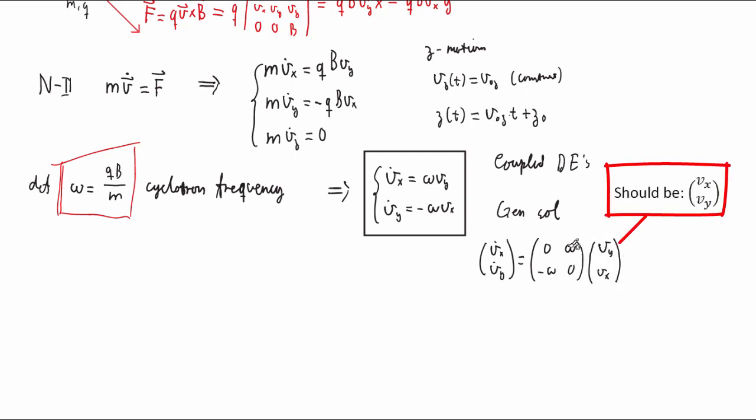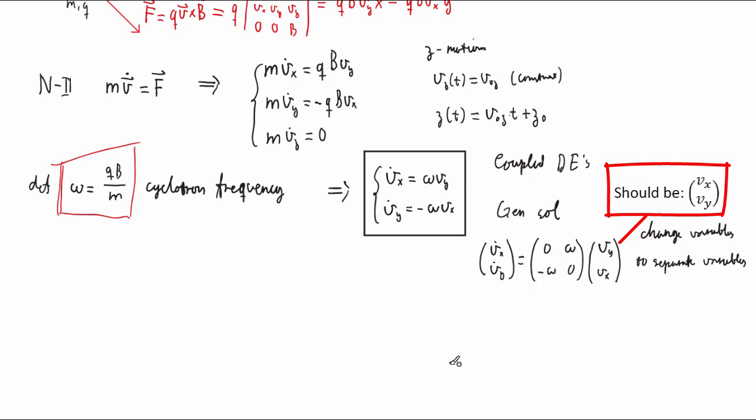And then we just change variables in order to diagonalize this matrix, and then we get a decoupled system of differential equations. So that's a general solution, but we're not going to use that here.